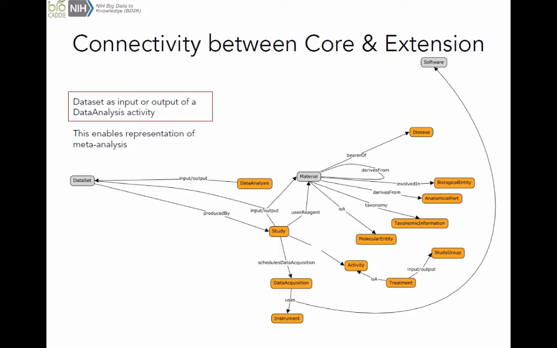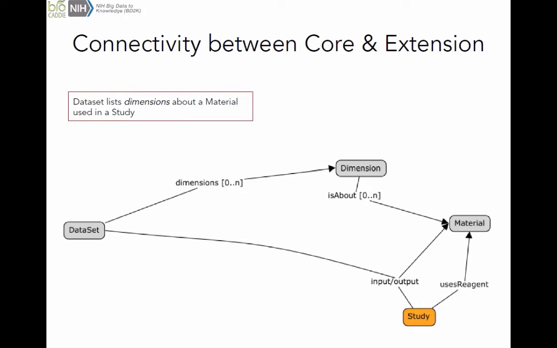So that's basically exposing the connectivity between the data set core, the DATS core, and the DATS extension, which are shown here. What we can also allow for, this is part of the core already, is the connectivity from the data set to the dimensions.